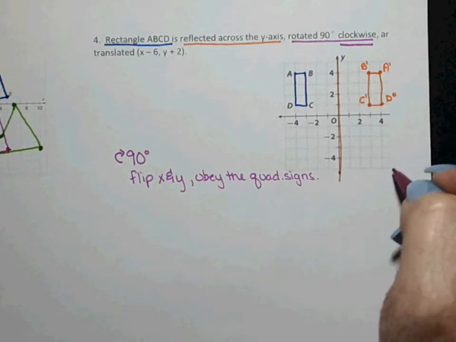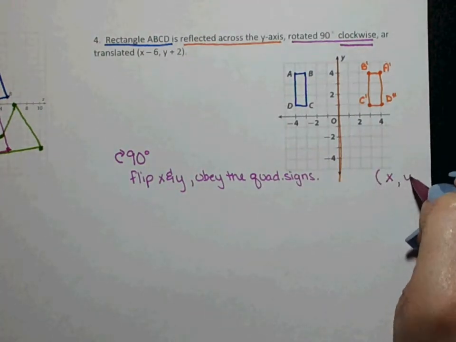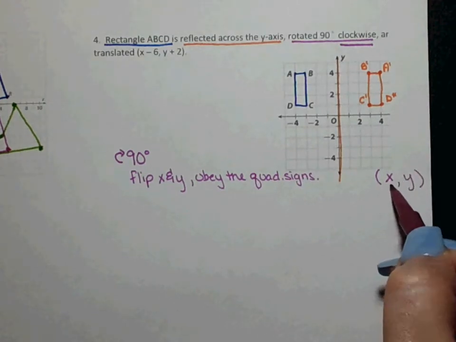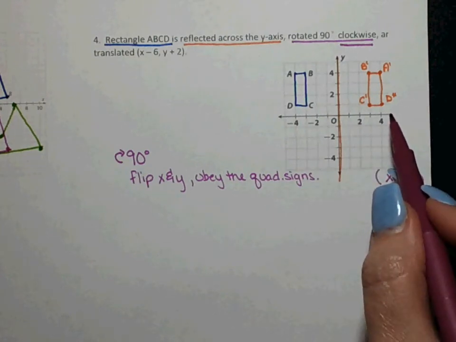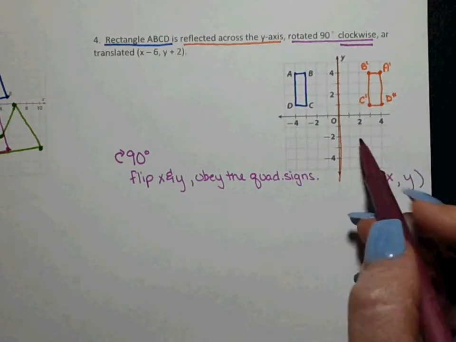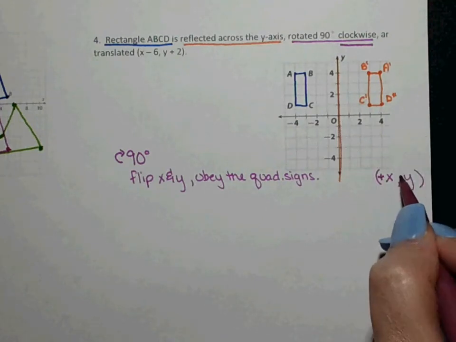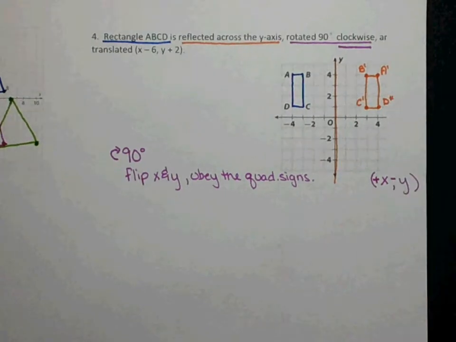Alright, so what we mean by that is in this quadrant, we've got an x coordinate and a y coordinate, and we need to talk about whether they're positive or negative. So in this quadrant here, my x values are all going to be positive. In this quadrant, my y values are all negative. Okay? So let's start off with our A prime.